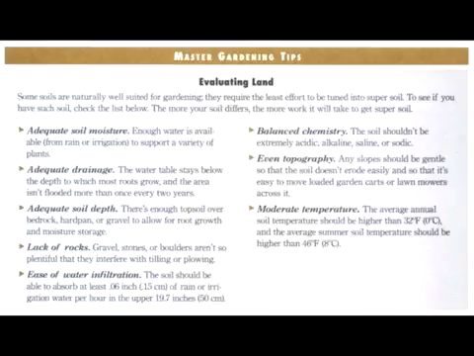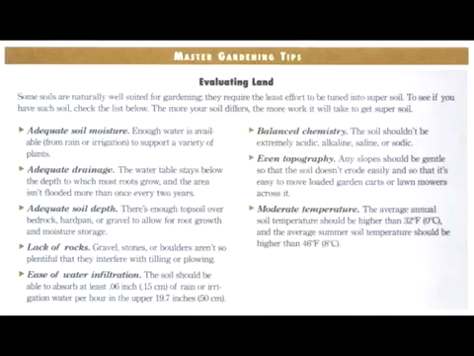Ease of water infiltration. The soil should be able to absorb at least 0.06 inch or 0.15 centimeters of rain or irrigation water per hour in the upper 19.7 inches or 50 centimeters. Balanced chemistry. The soil shouldn't be extremely acidic, alkaline, saline, or sodic.